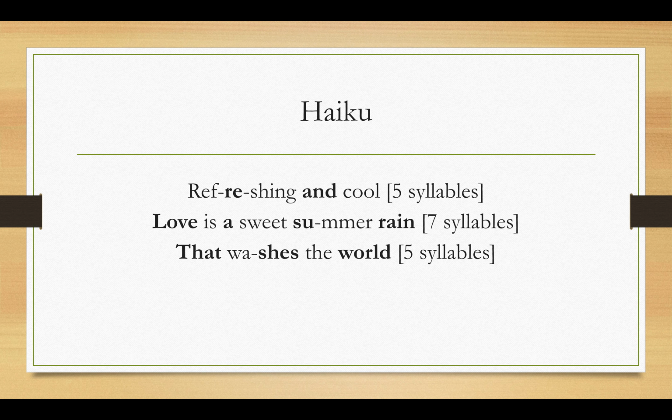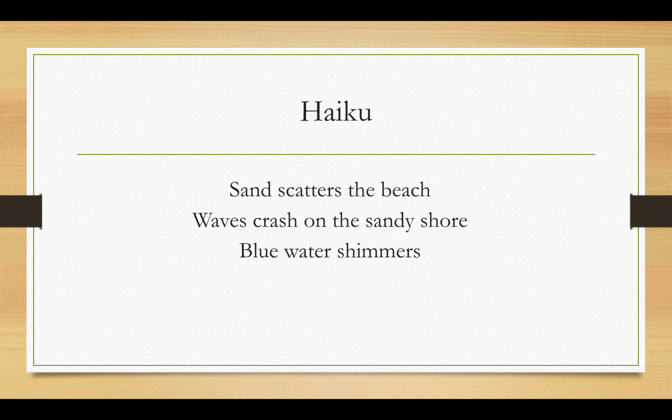And then they just broke it down here. Refreshing and cool. Love is a sweet summer rain that washes the world. Sand scatters the beach. Waves crash on a sandy shore. Blue water shimmers.